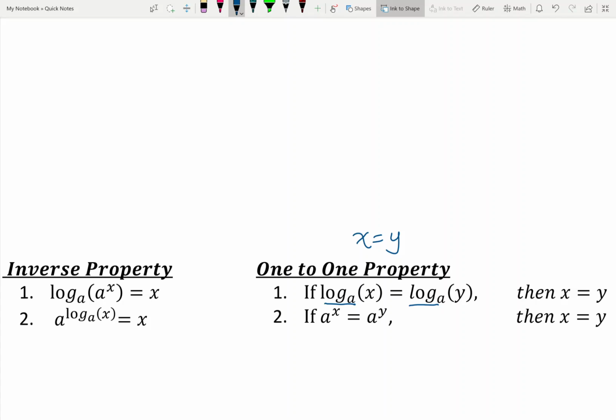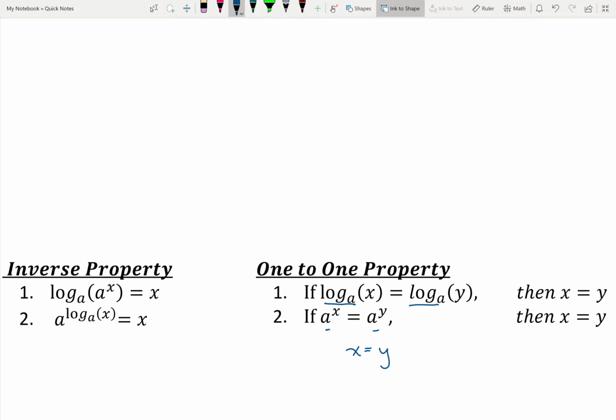So if you can match the logs, then the insides of the parentheses are the same. And the same thing follows with our exponential. If I can get my base to be the same, then my exponents are also the same. And that comes from our one-to-one property.